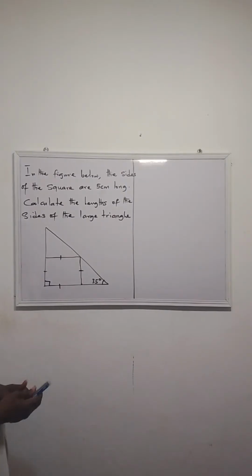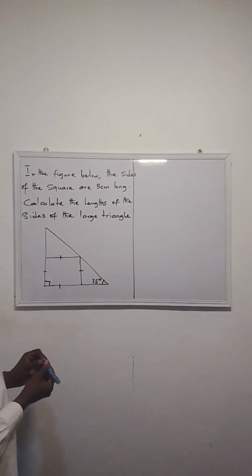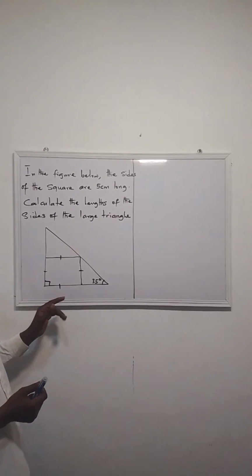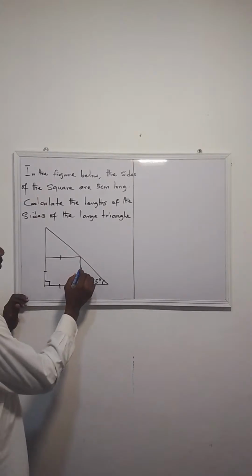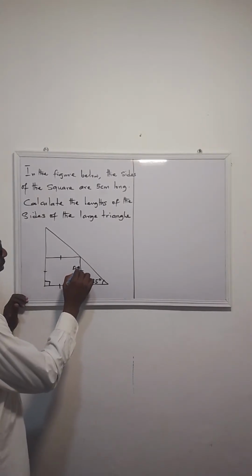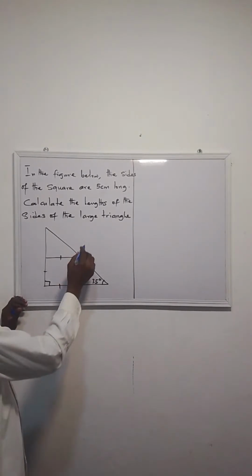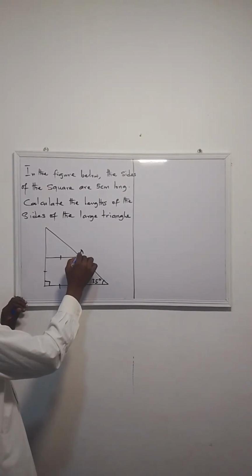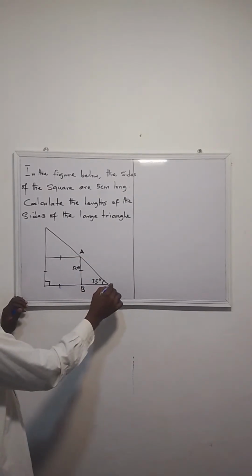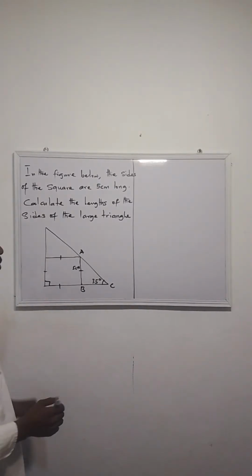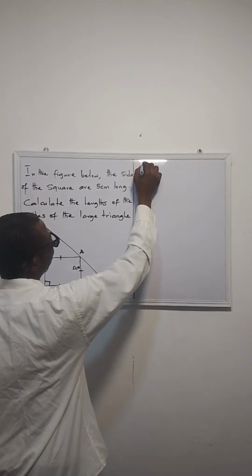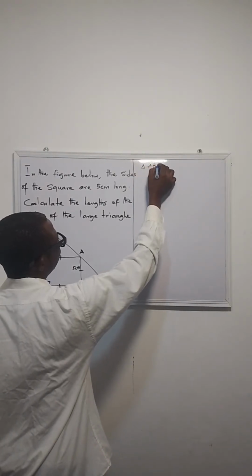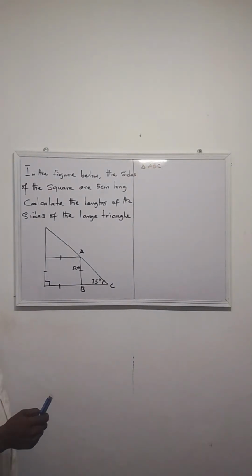In the question we are given that the side of the square is 5 centimeters, so this place is 5 centimeters. We can label this A, B, and C. So now we have triangle ABC.